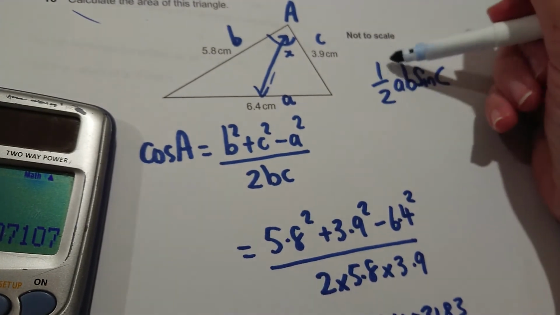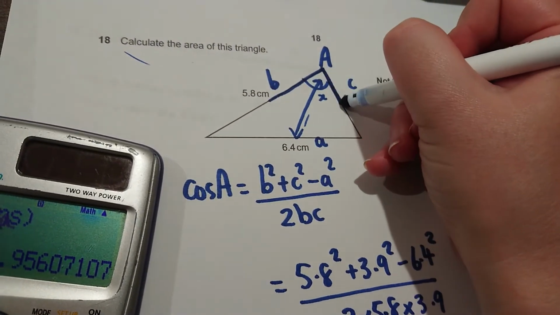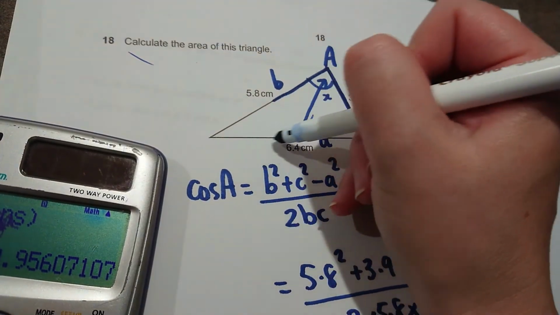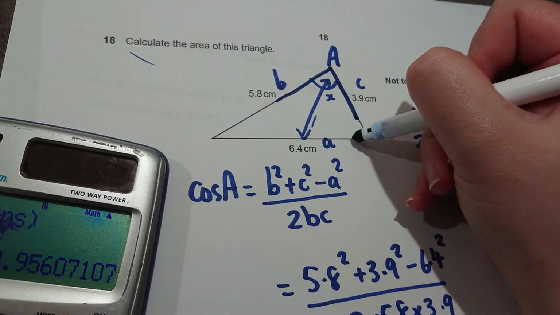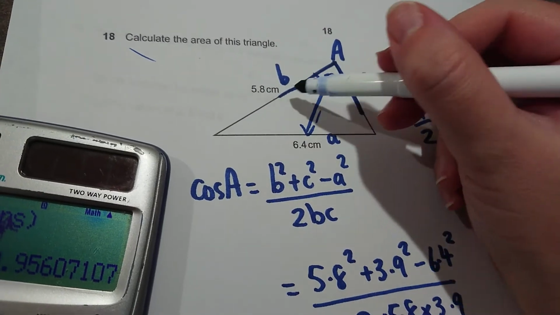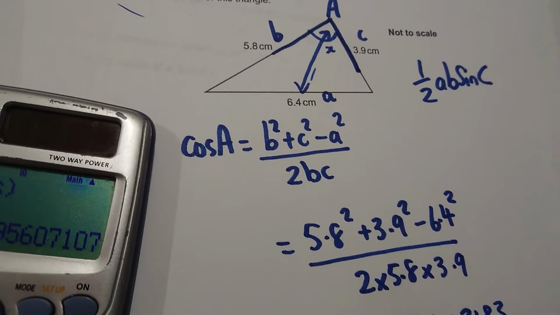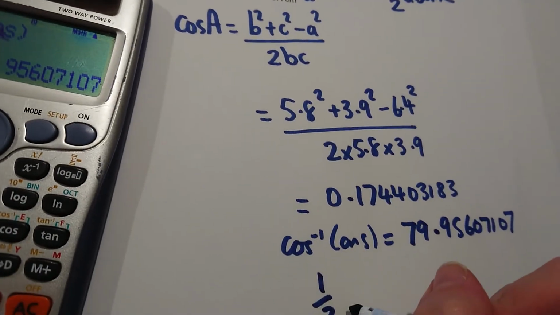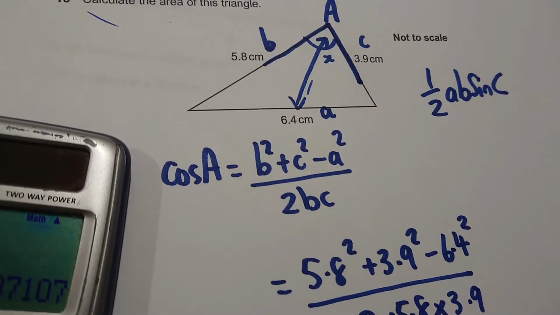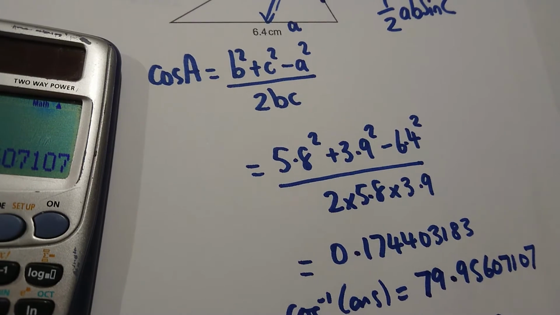Now before I put it into here, just make sure that you use the two sides either side of the angle. So if you have found this one, you would need to use the 5.8 and the 6.4. If you found this one, you would need to use the 3.9 and the 6.4. So it's just making sure you've got the two sides making that sandwich around the angle. So on my one, it's going to be 1/2 times 5.8 times 3.9 times sine of the angle.